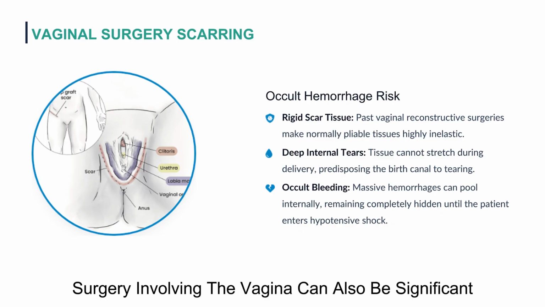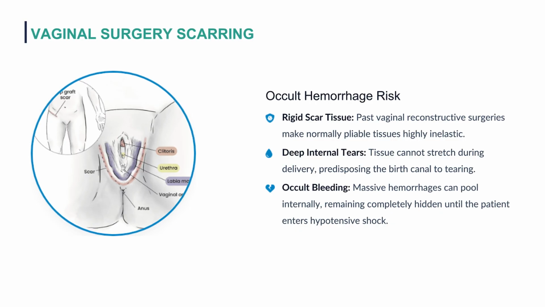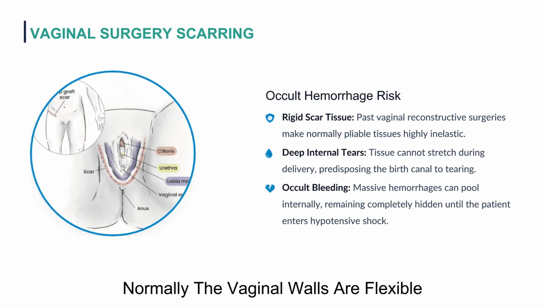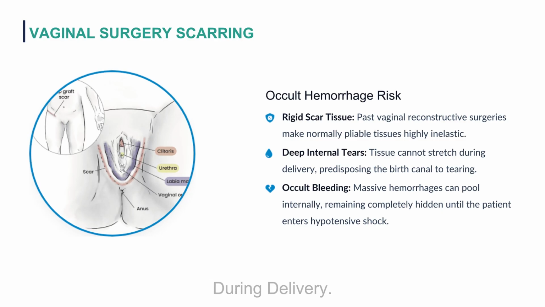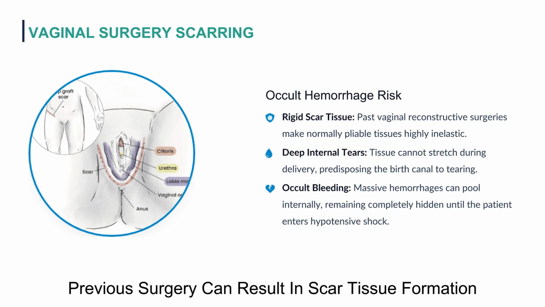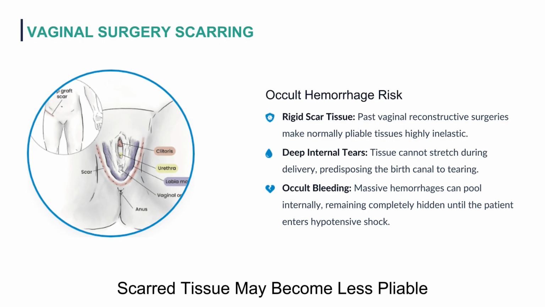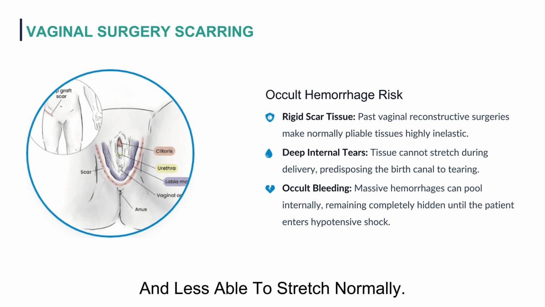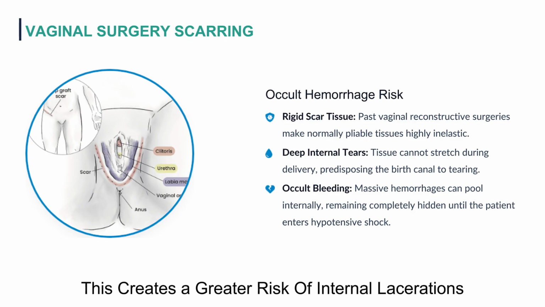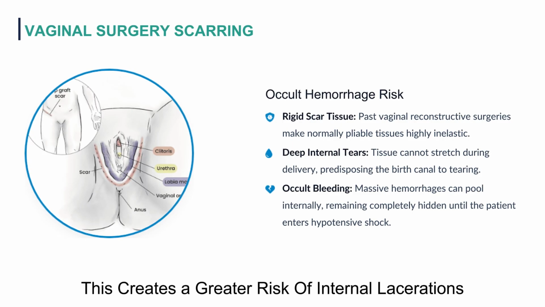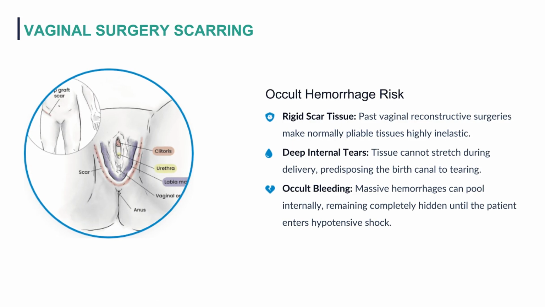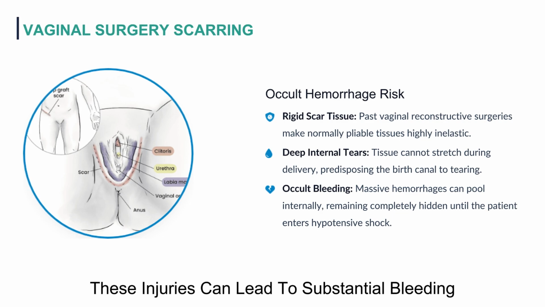Surgery involving the vagina can also be significant. Normally, the vaginal walls are flexible and capable of stretching during delivery. However, previous surgery can result in scar tissue formation. Scarred tissue may become less pliable and less able to stretch normally. This creates a greater risk of internal lacerations during childbirth. These injuries can lead to substantial bleeding.